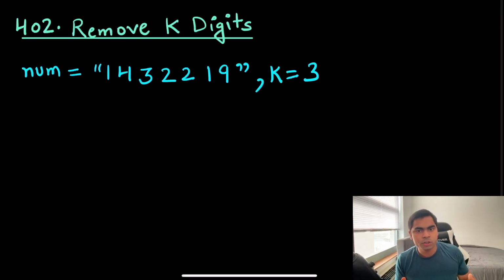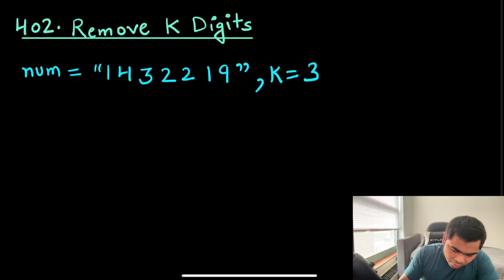But we have to make a choice that the digit we are deleting has to be greater than the digit after it, basically. We can make a decision right here.